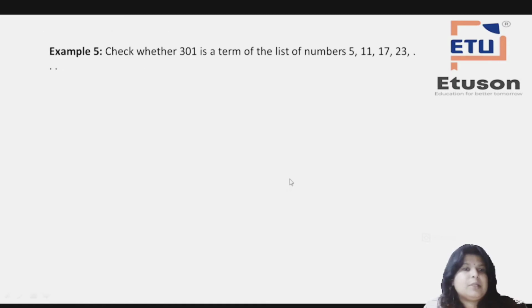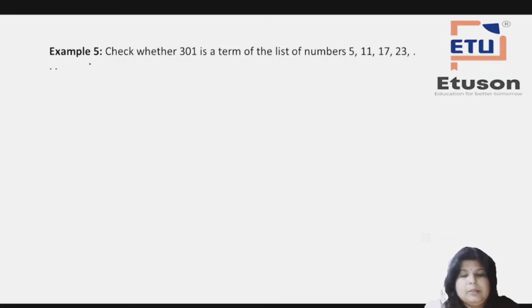Right. So now let us go to the next problem. Check whether 301 is a term of the list of numbers 5, 11, 17, 23 or not. So again, we have already solved a problem of that kind.